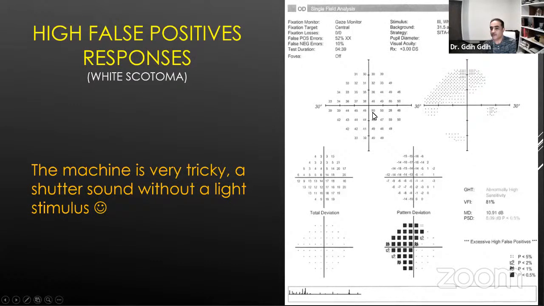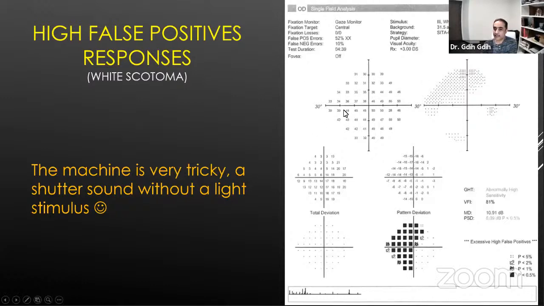So it ranges from 0, 0 being the brightest light shown to the patient, and the patient could not see it, to 50, the dimmest light the machine can produce, and the patient will see it.